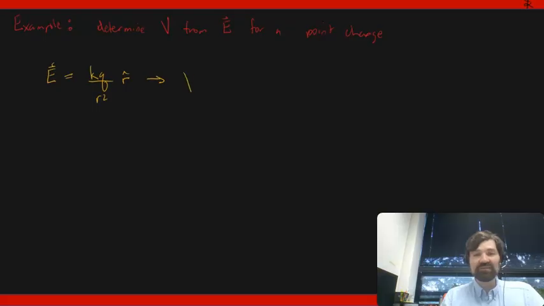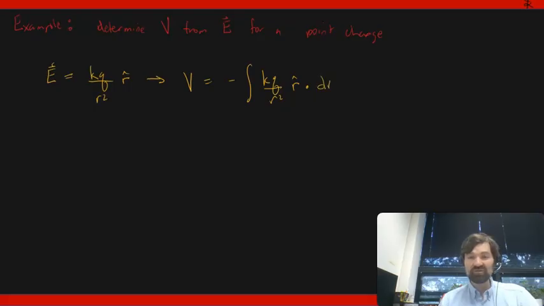So what that means is that V should look like negative integral of KQ over r squared r hat dot dl. Now we need a dl. Our most obvious dl vector, our most rapidly changing dl vector, would be dr r hat. And so if you do that integral, we've got an r hat dotted with an r hat.